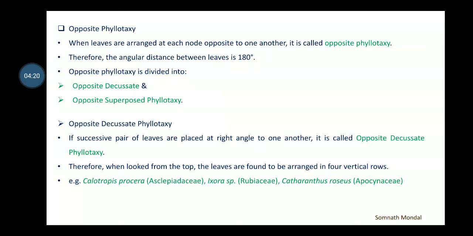For example, in Calotropis procera, Asclepiadaceae family, or in Rubiaceae family, Ixora, Catharanthus roseus of Apocynaceae are some common plants around us which display the opposite decussate type of phyllotaxy.